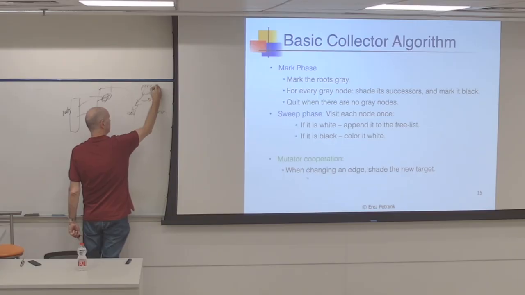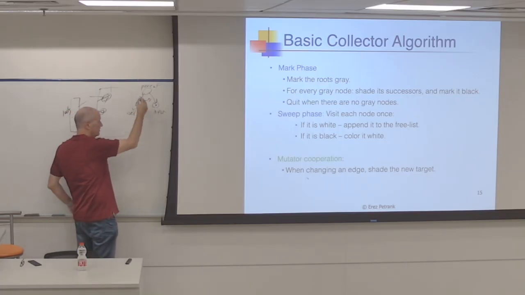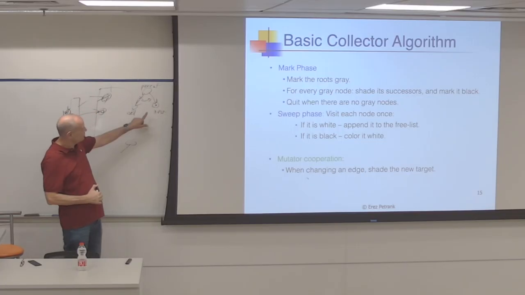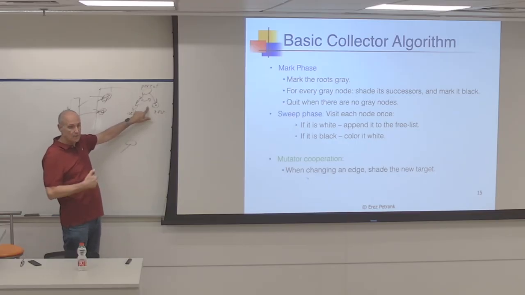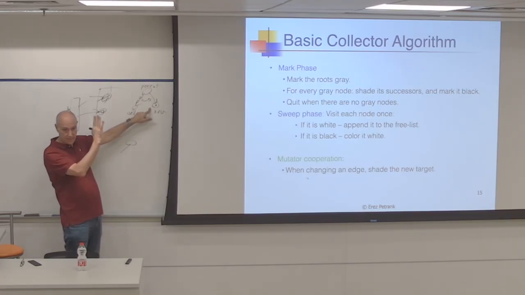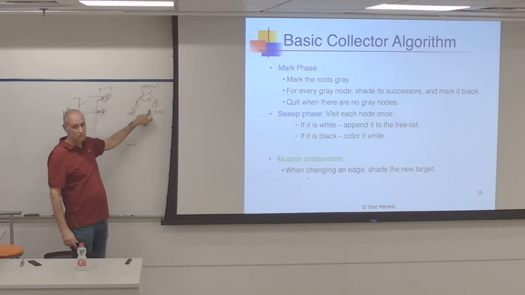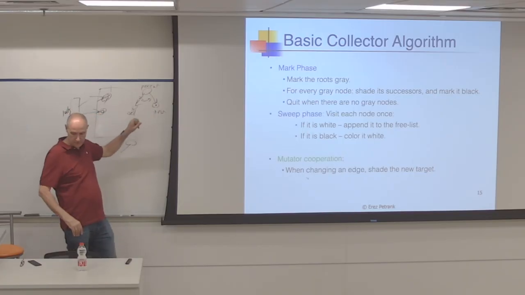Then I shade the new node, after I make the change of the pointer, so this one does not exist anymore. What it means is that this one cannot be reclaimed anymore, because the collector looks for these gray things and traces from them, or if it's black, it remains black, but it will not be reclaimed. So I make sure that if I point to a node, this node will not be reclaimed.